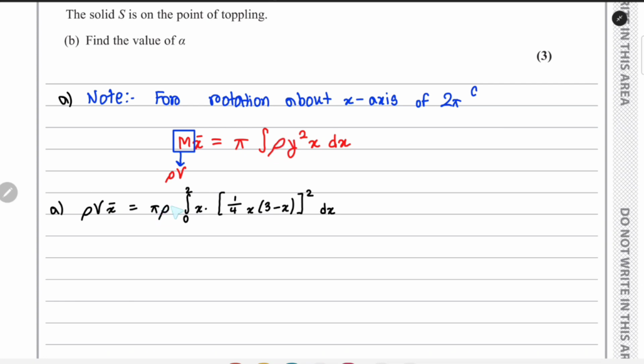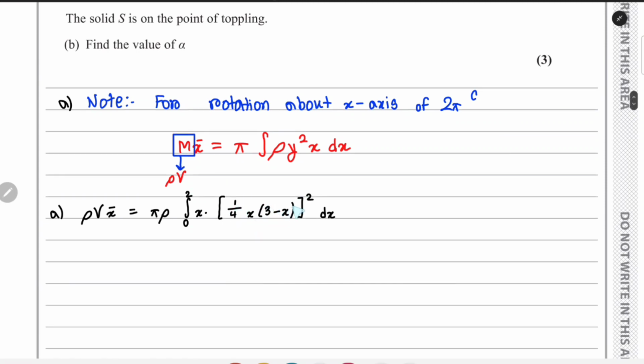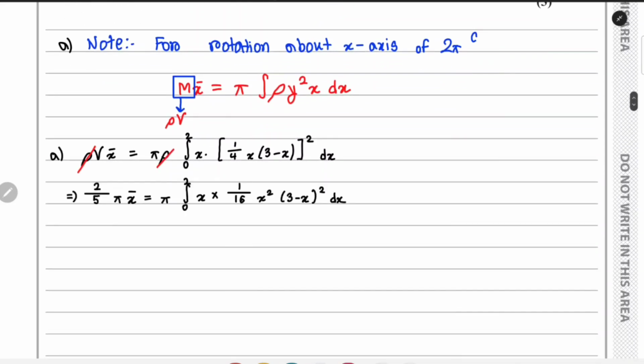So we'll get πρ times the integration of x times (1/4 x(3 − x)) whole squared. We can cut out the ρ on both sides. We'll put the value of V over here. V is 2/5 π. On the right side we get this equation. We can cancel out the π's.